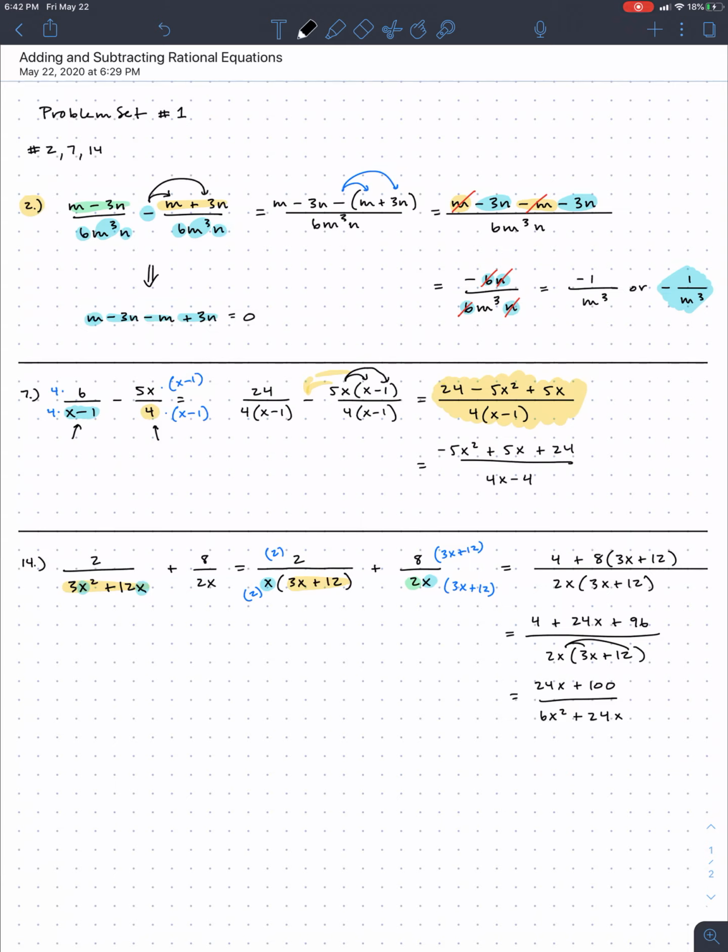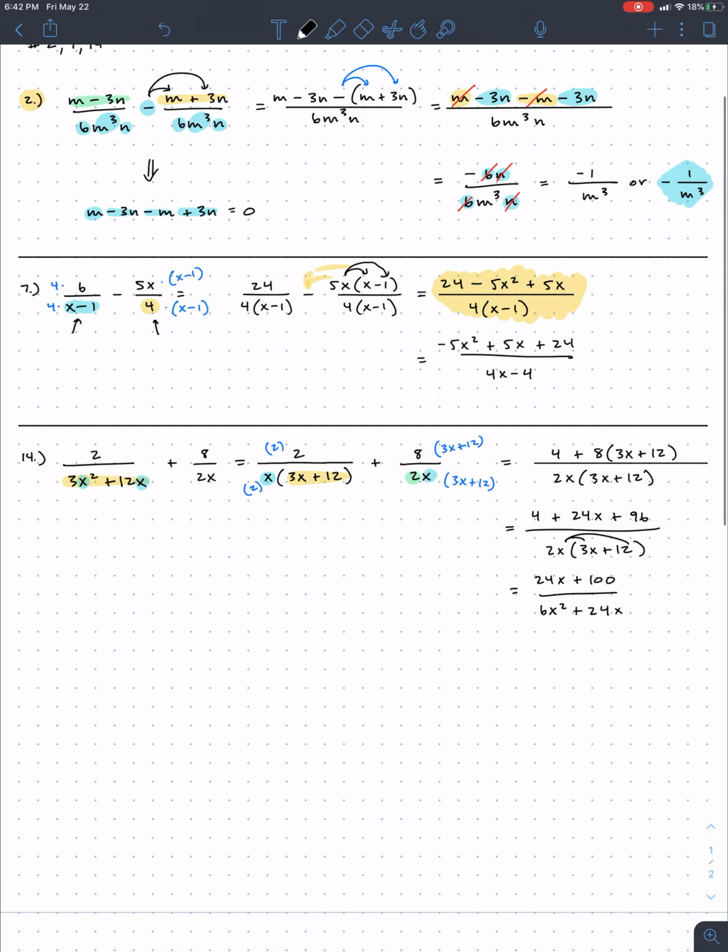Let's look in the denominator. So in the numerator, what's in common with 24 and 100? Well, not much, but definitely a 2. 2 is in common up there. So if I factor out a 2, I'm left with 12x plus 50.